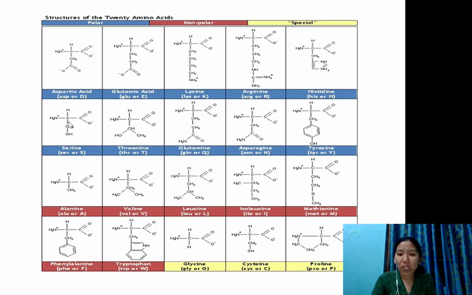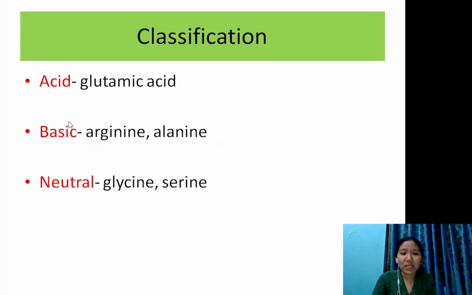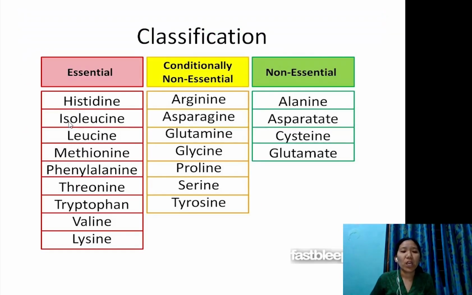Now another way in which amino acids can be classified is based on whether they are synthesized in the body or not. We have essential amino acids, non-essential amino acids, and a third category, conditionally non-essential amino acids. Essential amino acids are those which our body is not able to synthesize, so they have to be supplied through diet.